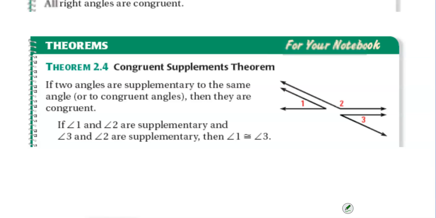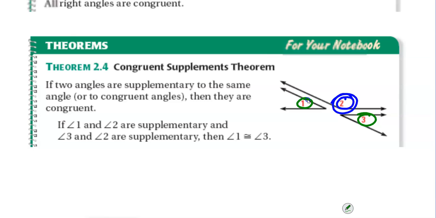So in this example, if angle 1 and angle 2 are supplementary, and angle 3 and angle 2 are supplementary, then angles 1 and 3 are congruent.